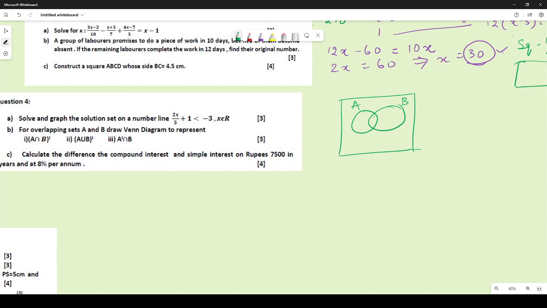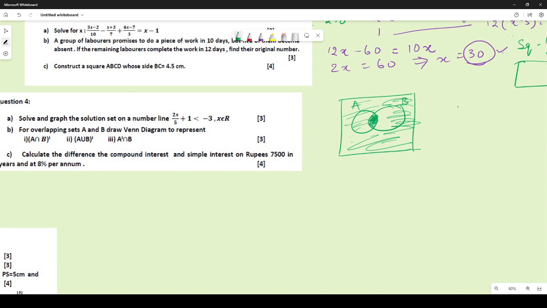Now A intersection B will be what? This part. So other than this part, everything else is included. You just leave out this part. This part should be blank. So this is the part which is the required part. You don't shade this part. I am showing this to point this out to you.